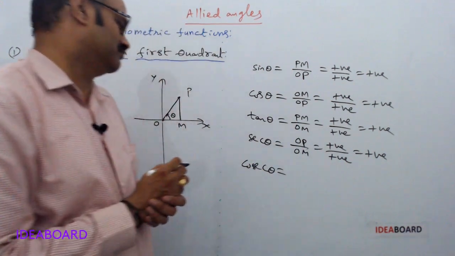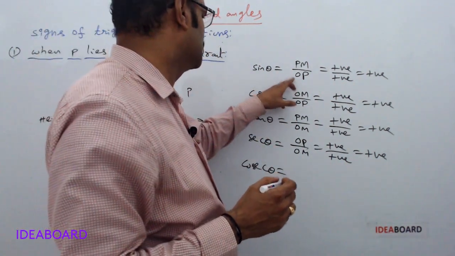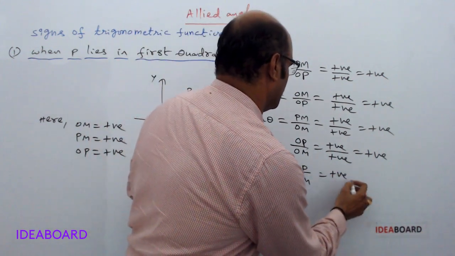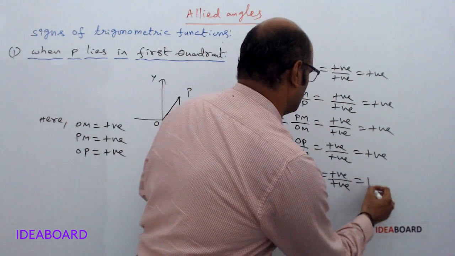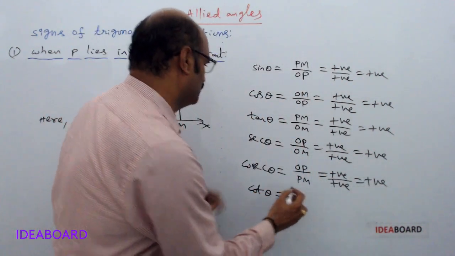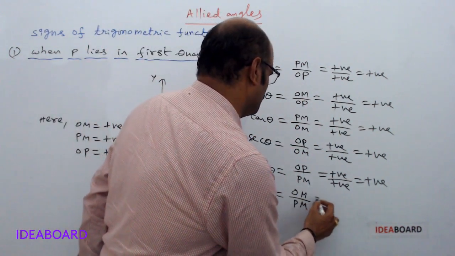Cosecant theta is the reciprocal of sin, OP by PM, positive. Cot theta is the reciprocal of tan, OM by PM, positive.